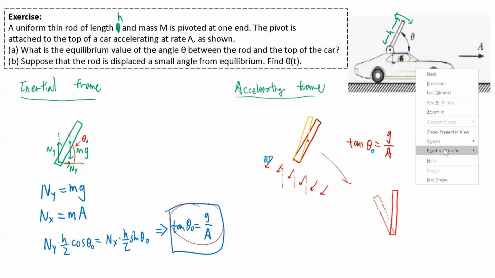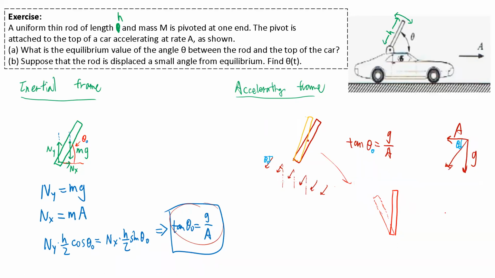And the only force that I need to worry about would be this one, and I'll just call this mg effective. And that g effective, of course, is square root g squared plus a squared, like this.